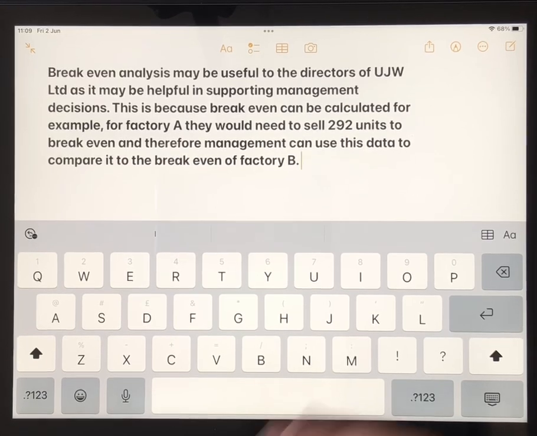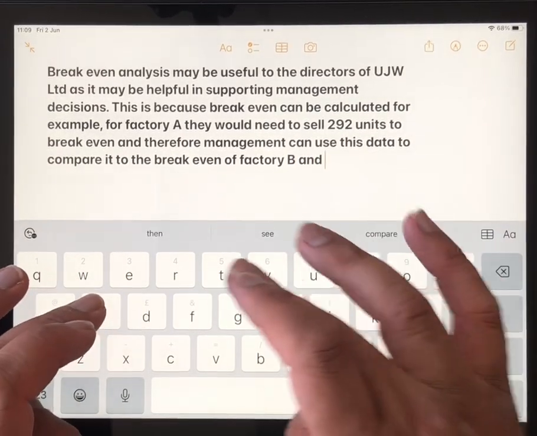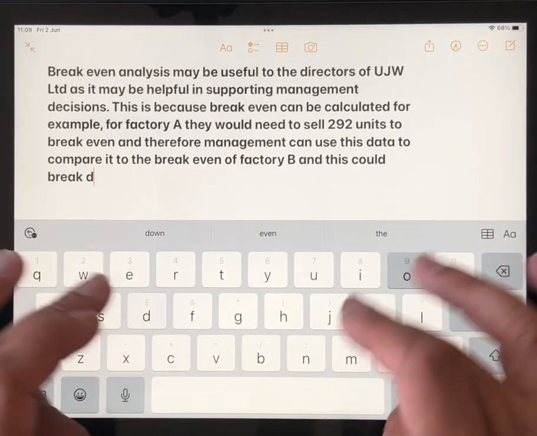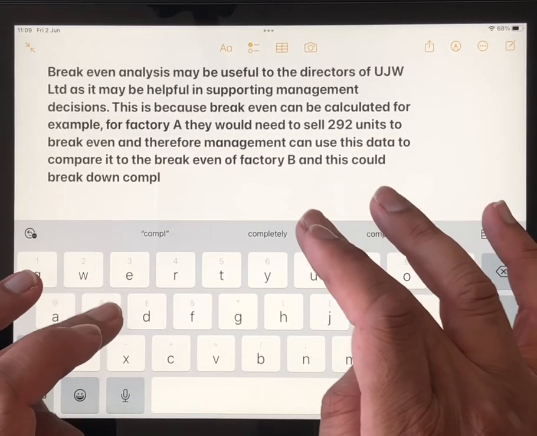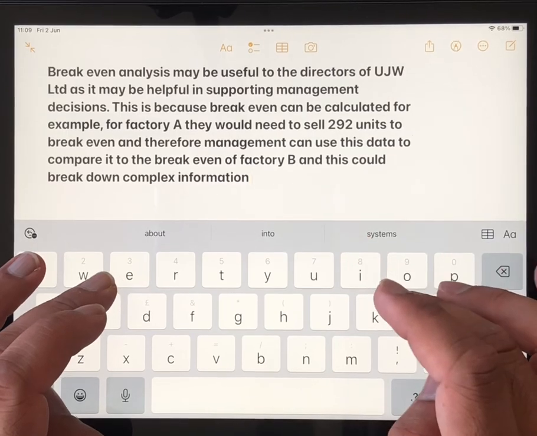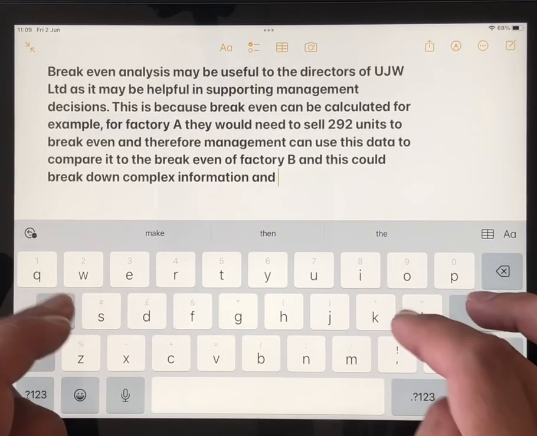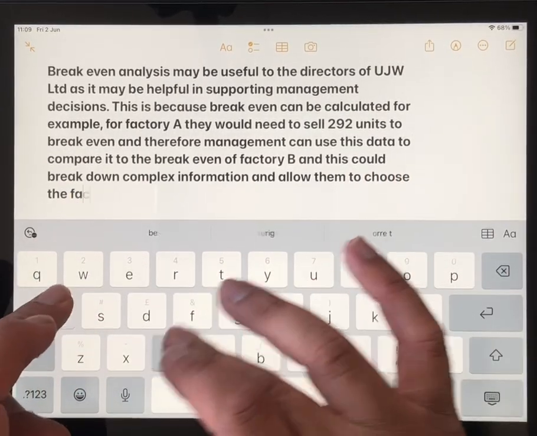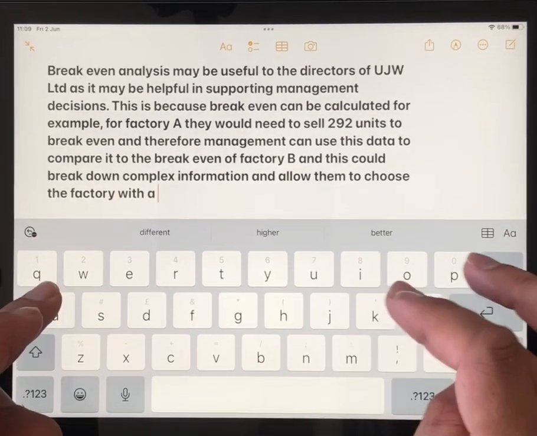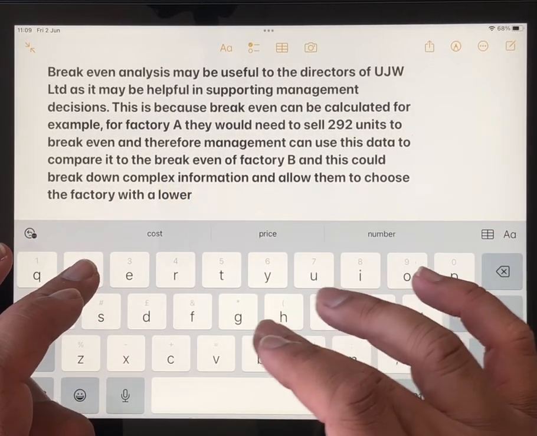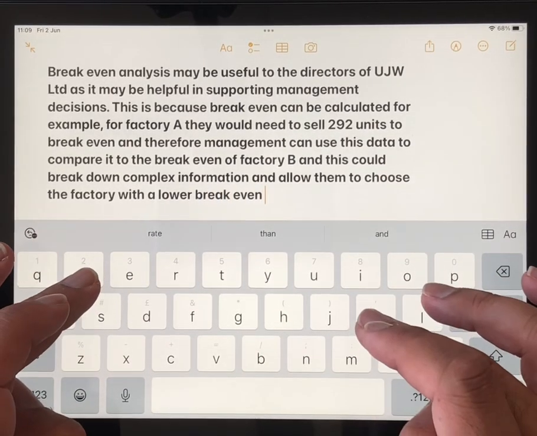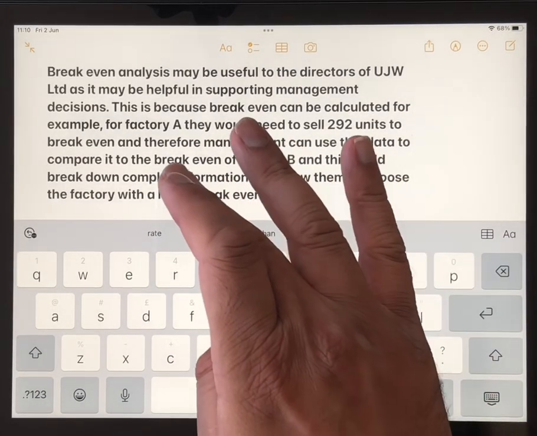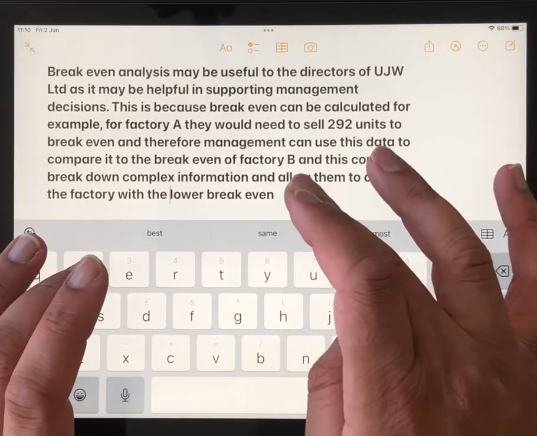Okay, and therefore, and this could, we could say break down complex information and allow them to choose the factory with a lower break-even, with a lower break-even units.